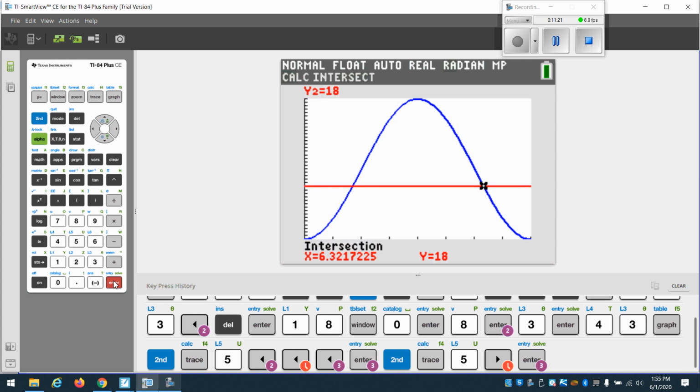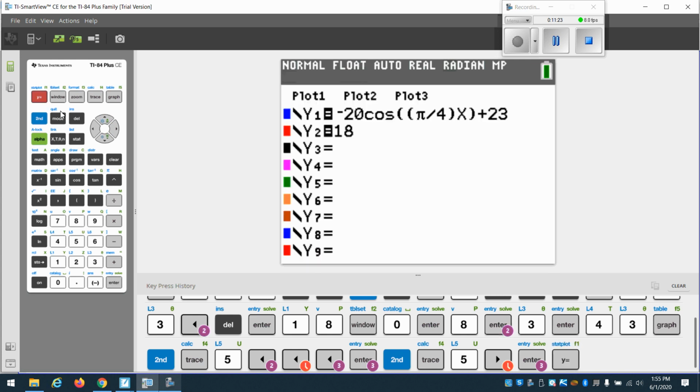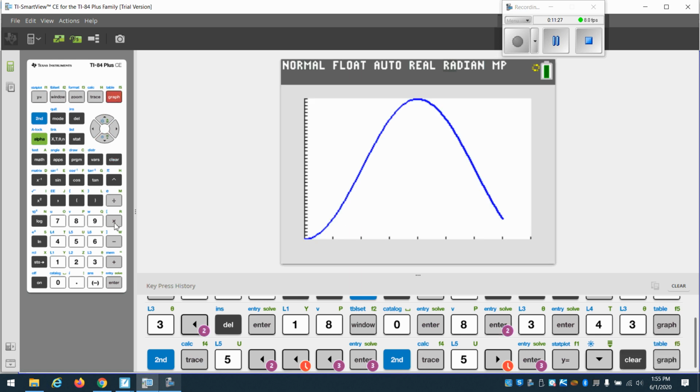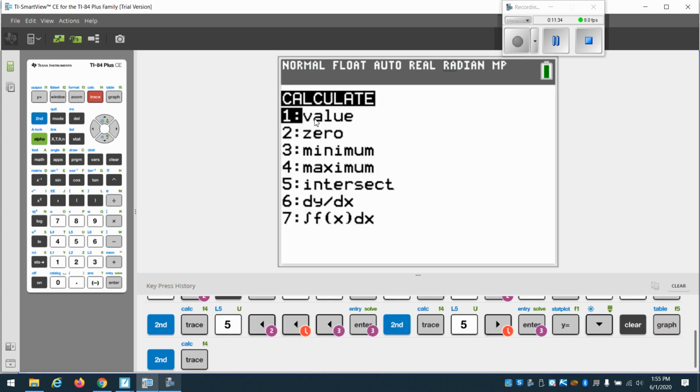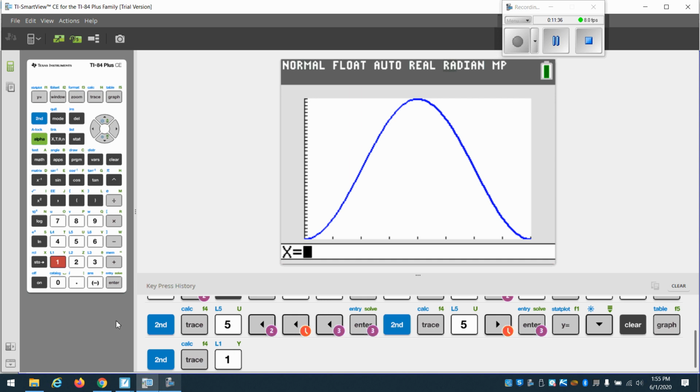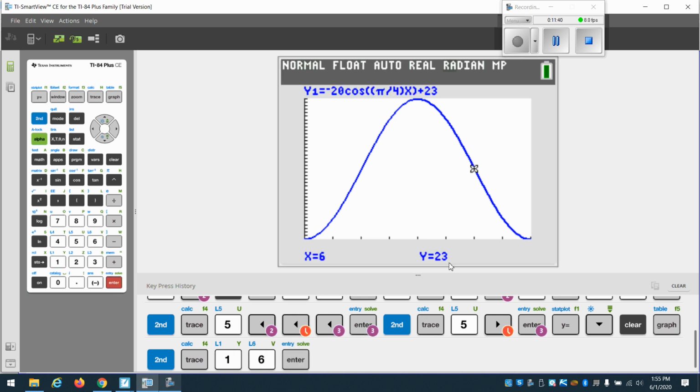Okay, so if I wanted to see what is the height after 6 minutes, I could do second trace value, number 1, and x equals 6. And that's where I get the 23. You could do any value to see what the height would be as well.